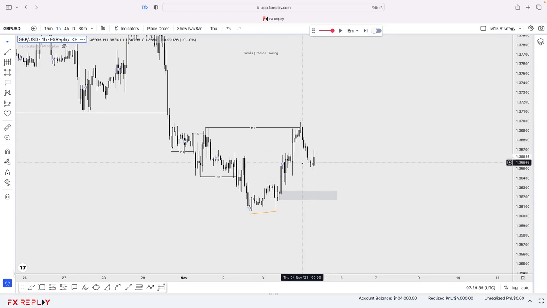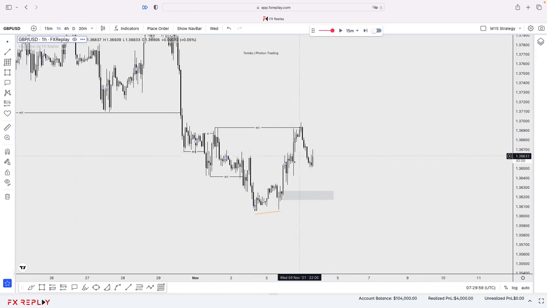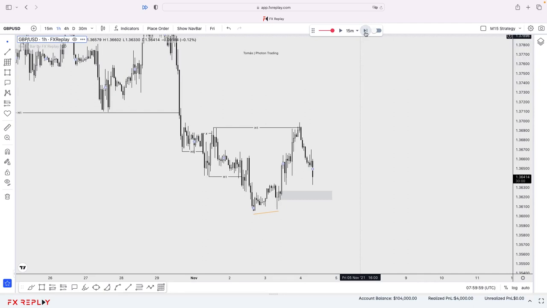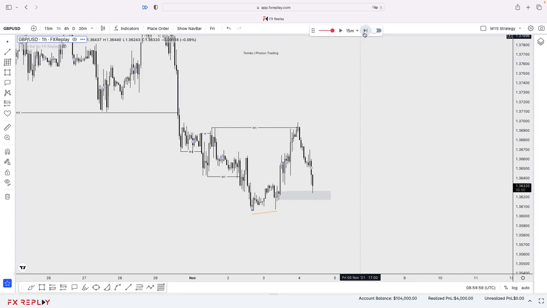So like I said, I don't always need to be correct in the POIs that I'm choosing. So what I mean by that is, if I'm not sure, like I'm not here, I'll wait for H1 CHoCH to confirm the level, okay? So yeah, I'll wait for H1 CHoCH and price push down, okay?